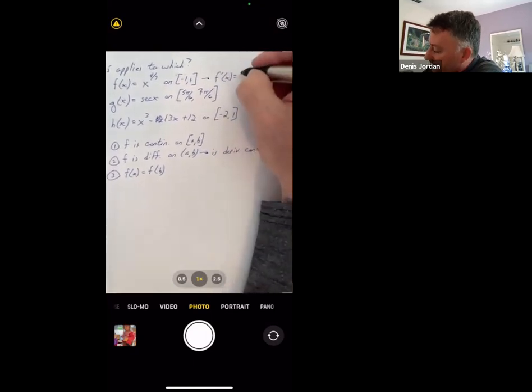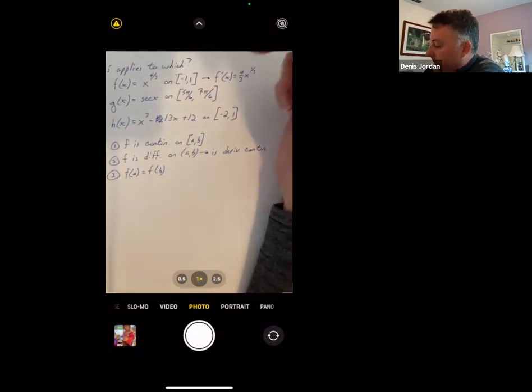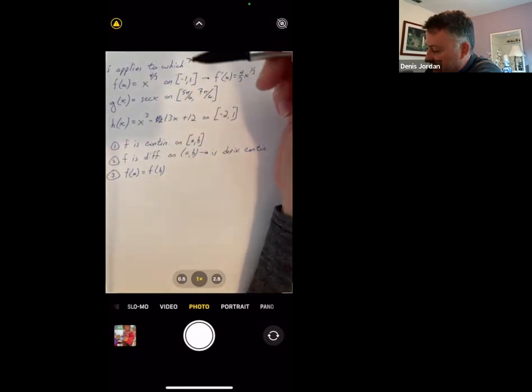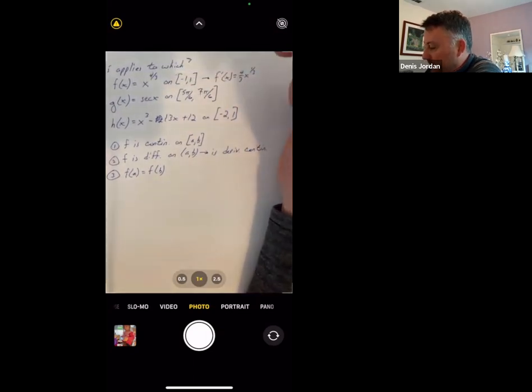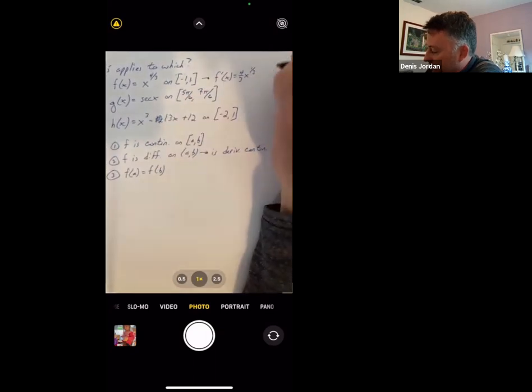Your derivative would be 4/3 x to the 1/3, and that is continuous on that interval; there's no value you're not allowed to stick in there. So it's continuous, it's differentiable, and then check f of A equals f of B. If you plug in -1 and 1, you get the exact same value. So all three conditions hold, so that one works.